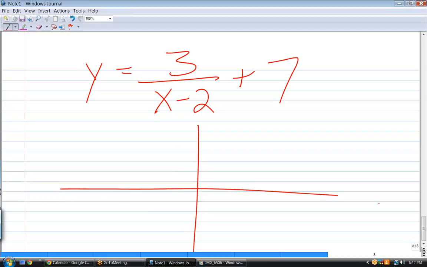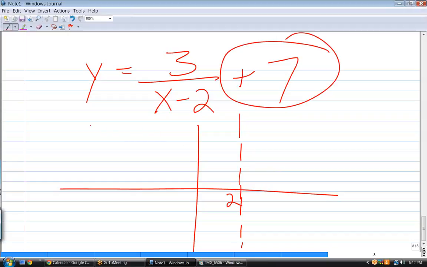The vertical asymptote would be +2. Okay. What's the horizontal asymptote? It would just be +7, sorry.